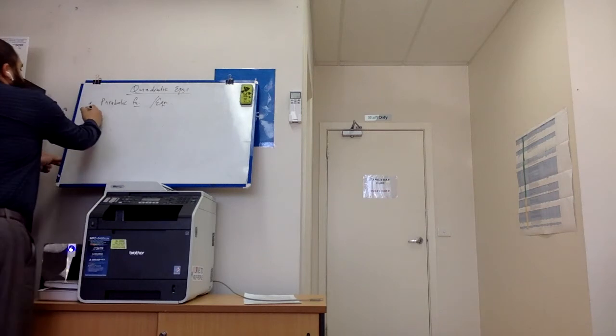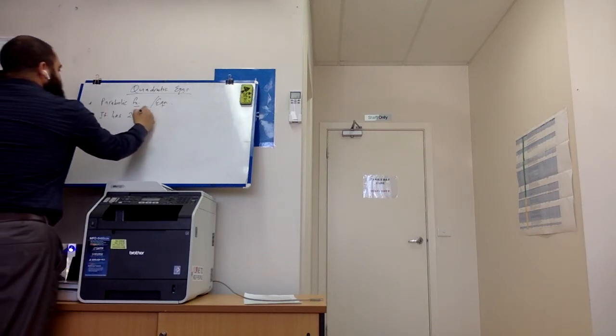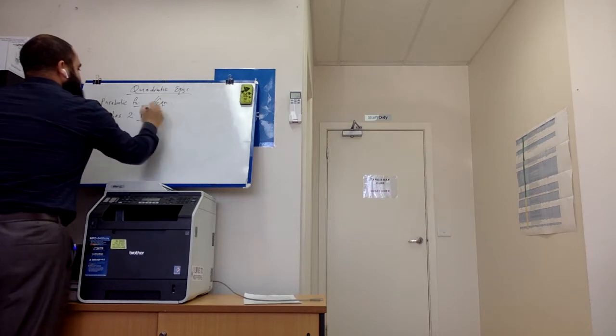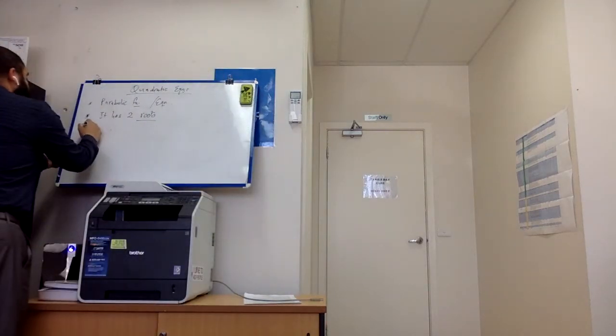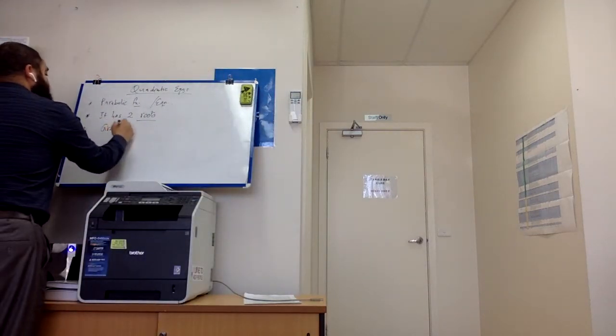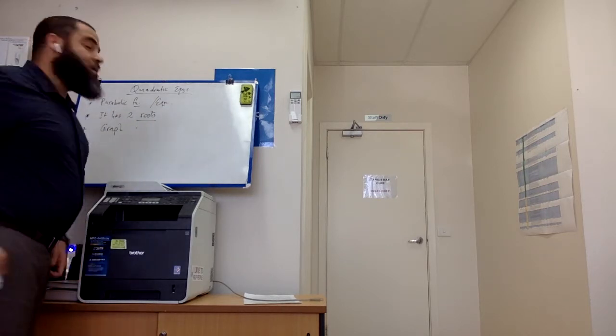Do you have something to add? Yes, Amy. Very good. So it has two roots, as we said. Something else, Yasmin? Yeah, we can solve by graph. Can you tell me the shape, Mark?